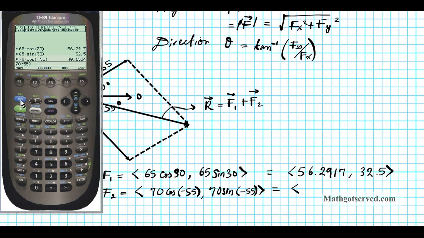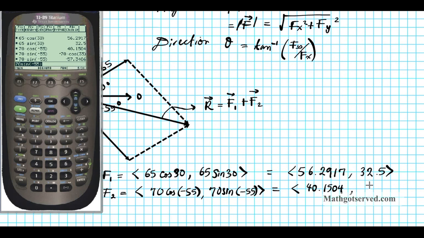Alright, now to find the resultant vector r, it is simply going to be vector F1 plus F2. We're just simply going to add these two vectors to each other to get our final answer. So let's go ahead and compute what the sum is.